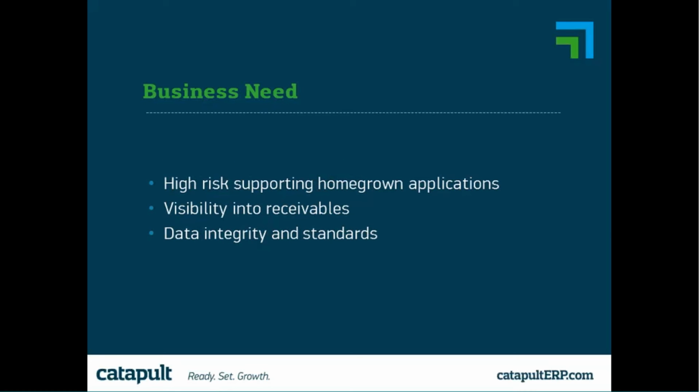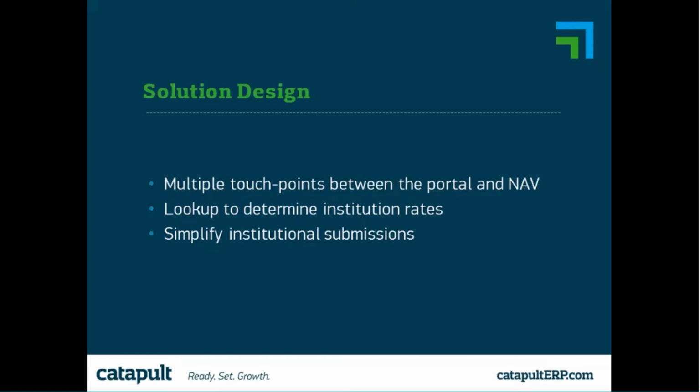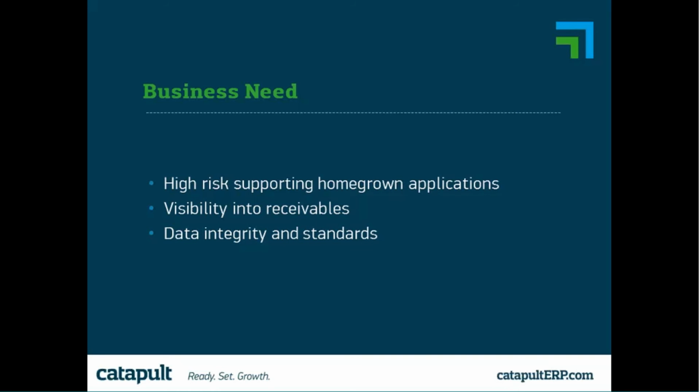And so with their current model of having these homegrown systems or third-party systems, there was a higher risk of losing support for those particular applications. If someone was to leave the organization or if there was any other changes to the platform that particular technology was built on, then they might be losing a fundamental system.